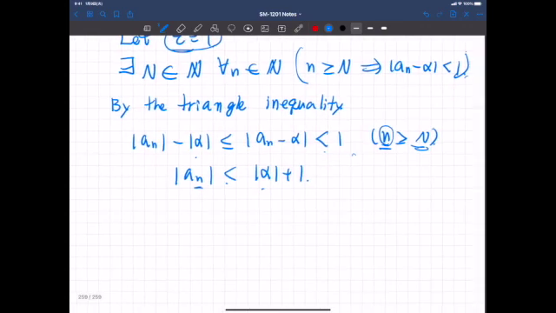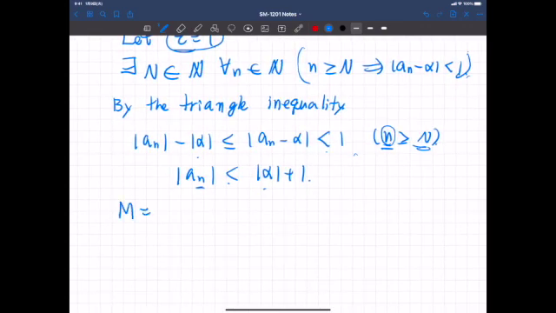Okay. For that, we define this constant, M, the max of alpha plus 1 and a1, a2, a3, up to a_(N minus 1).